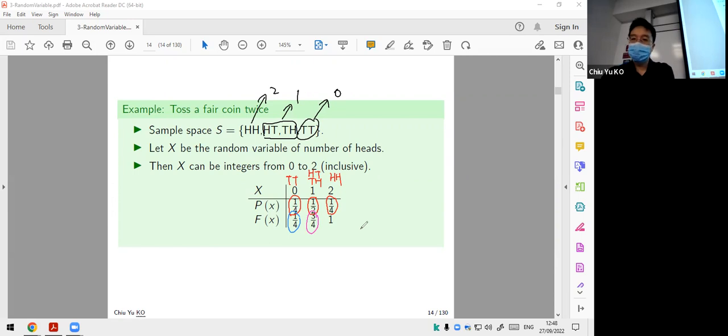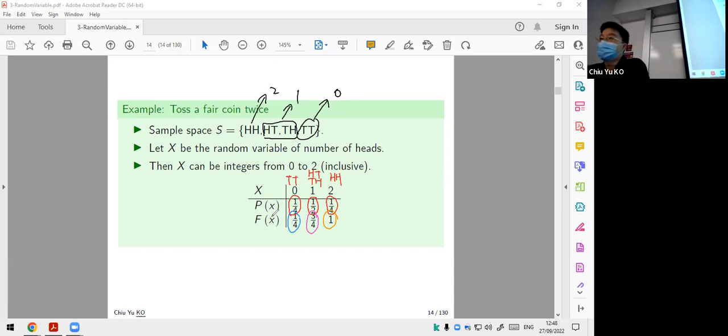And the last one comes from above and behind: 1/4 plus 1/2 plus 1/4, that's 1. That's how you construct that. I don't need to draw a picture for that, I think it's very clear. If I give you F, you can do P. If I give you P, you can do F. That's a different way to look at the same thing.